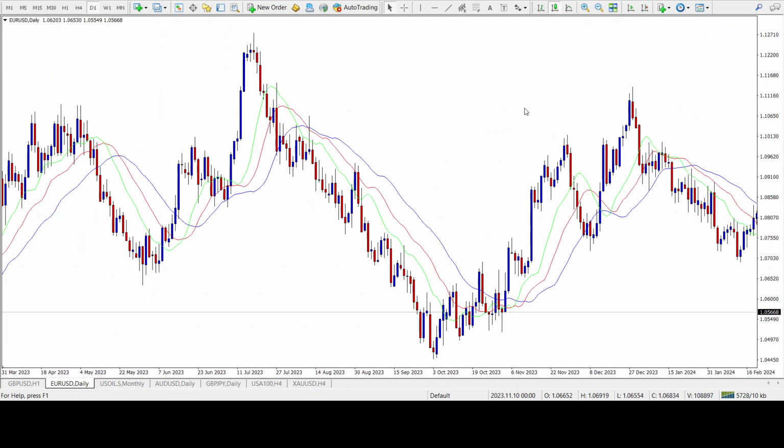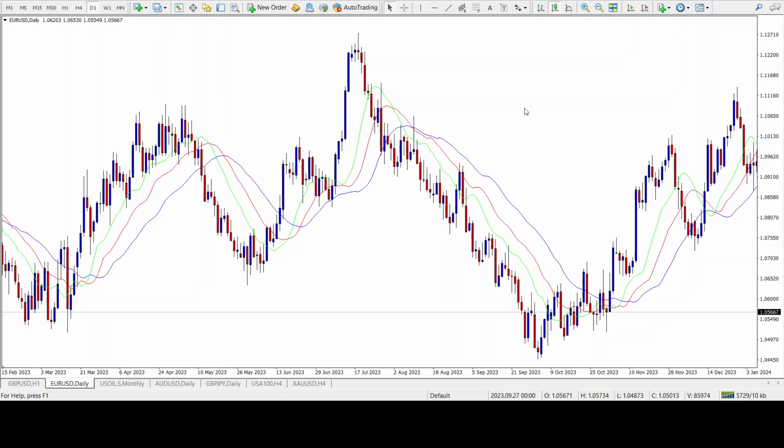Okay, now let us look at examples on how to use this indicator. Basically, you have to be watching out for crossovers. This strategy involves the crossovers of the alligator lines.